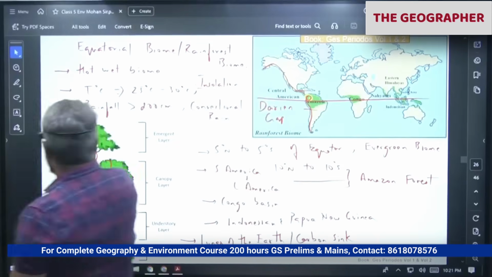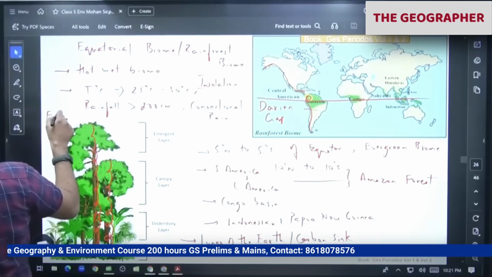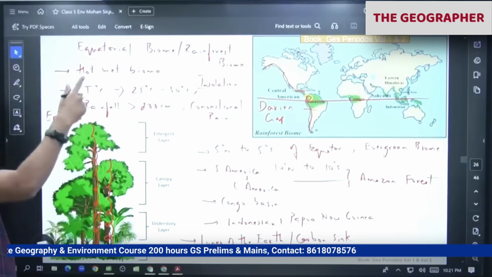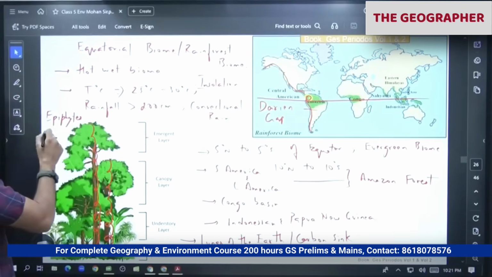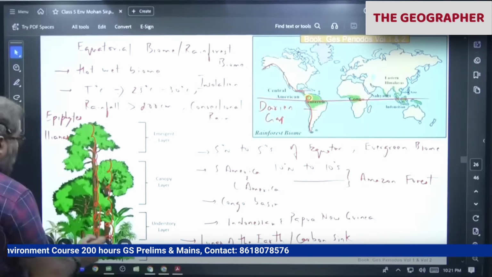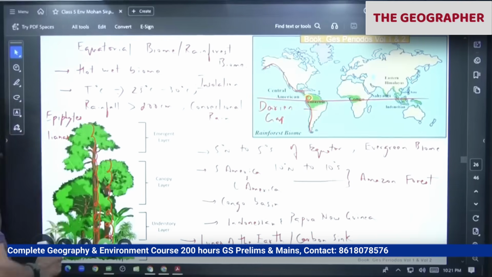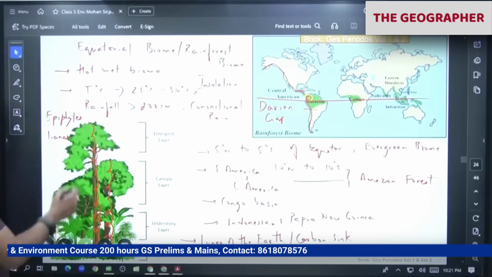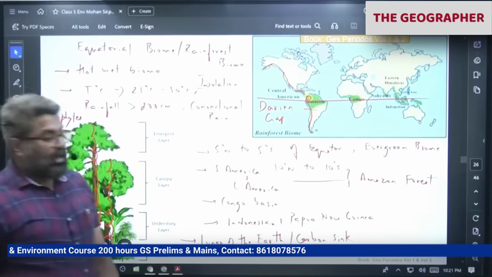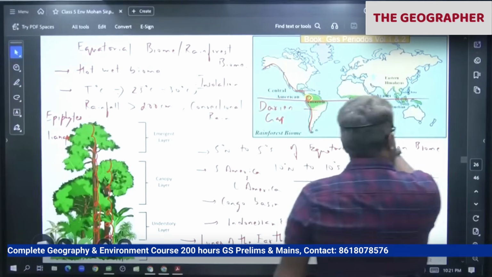The word epiphytes they also asked. Plants which have to creep along the bark of the tree to get the sunlight: lianas. The particular epiphyte name, very common across these equatorial areas I have seen.